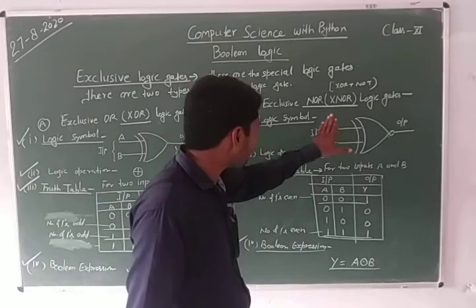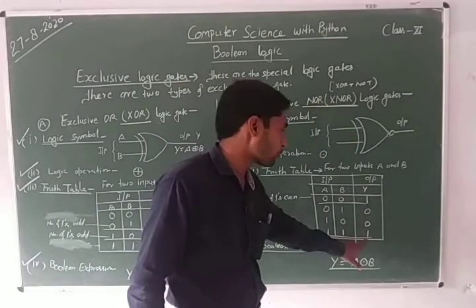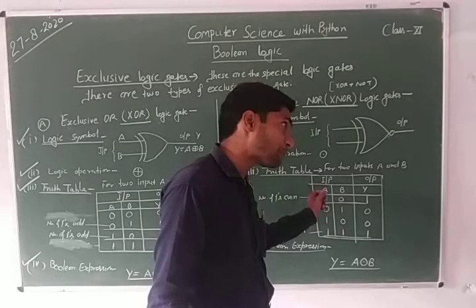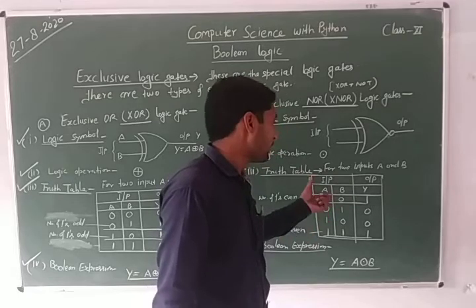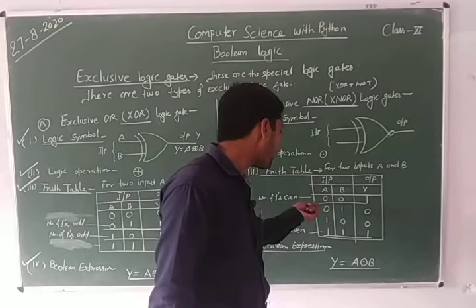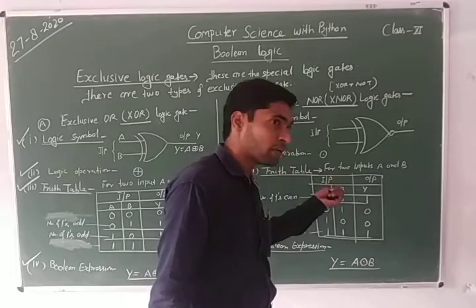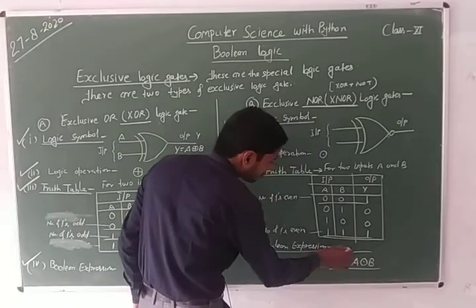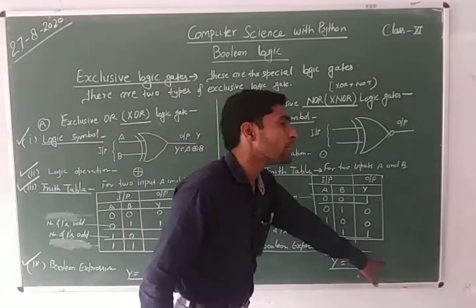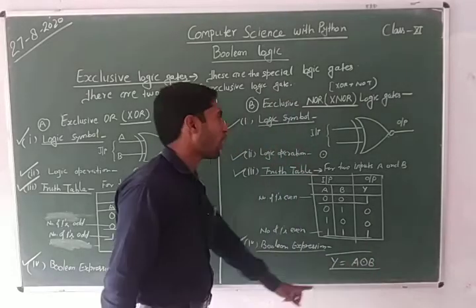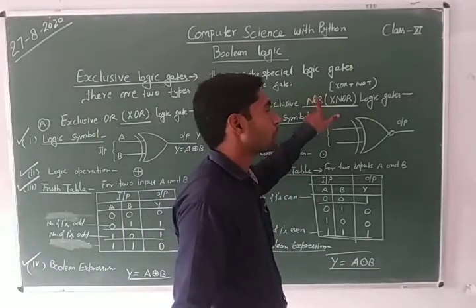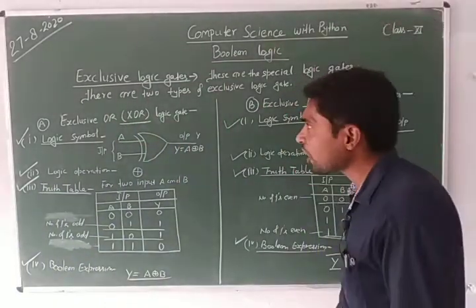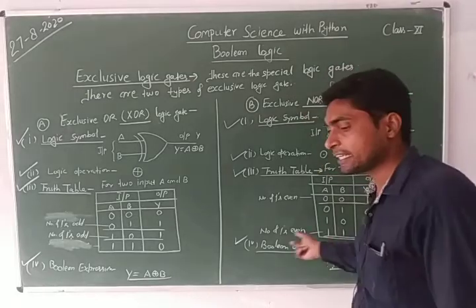The exclusive NOR gate produces output 1 if the number of ones is even in its input combination. In the simple way, if in the input combination there is an even number of ones, then this gate will produce output 1. Its Boolean expression is written as Y is equal to A round dot B, because round dot is the operation for the exclusive NOR gate. Students, this is the basic information about the exclusive logic gates.